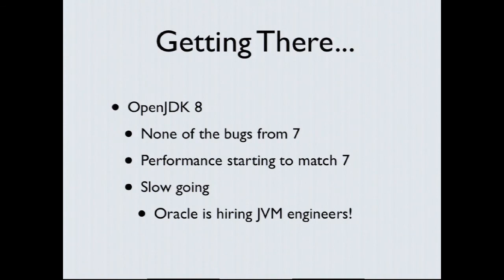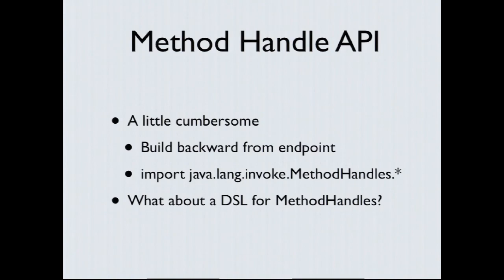They're just starting to work on performance and optimization. I was talking with one of the JVM engineers, and he has patches in hand that aren't in any repository right now that get much closer to matching the performance of Java 7. And, you know, Oracle's hiring if anybody wants to work on the low-level intricacies of the JVM JIT.